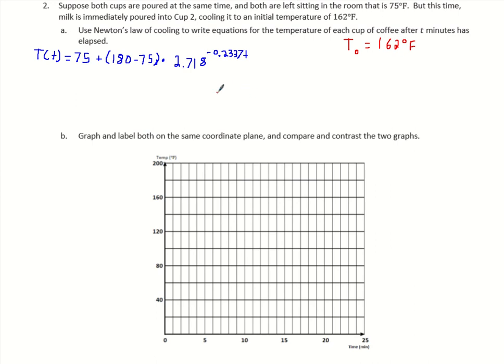So for cup 2, our temperature in regards to time is still going to be equal to 75 plus 162 minus 75, times 2.718 to the negative 0.2337 T.